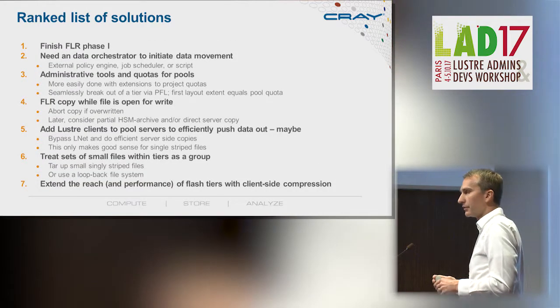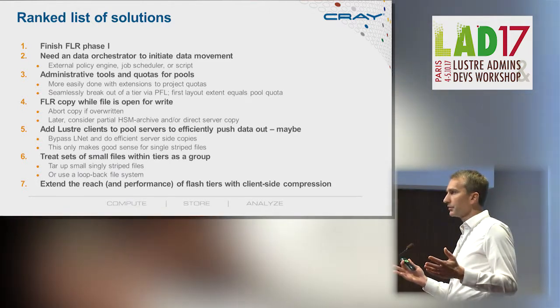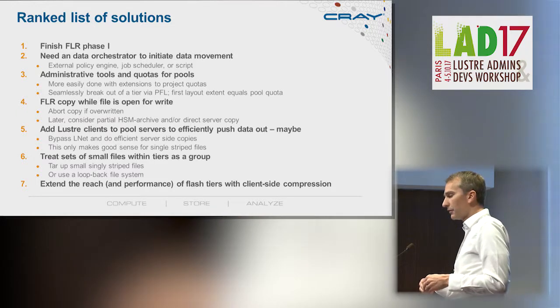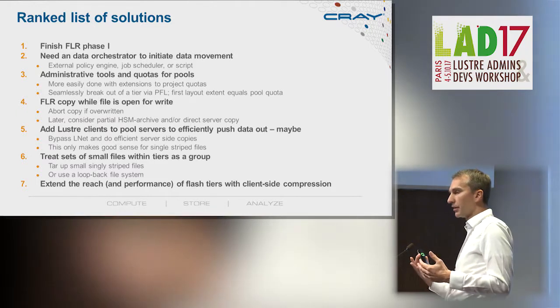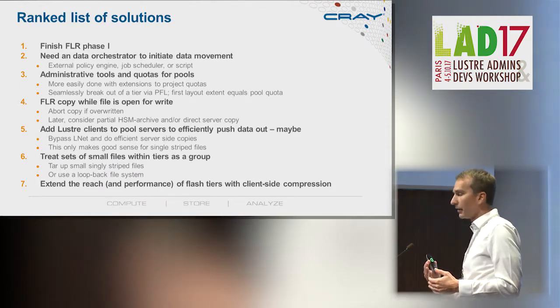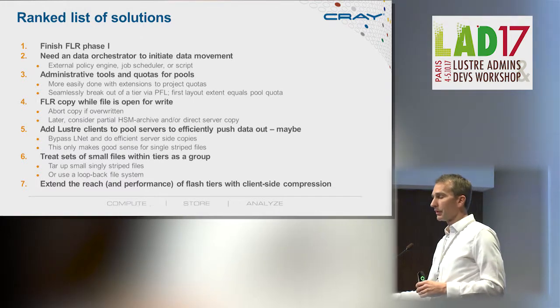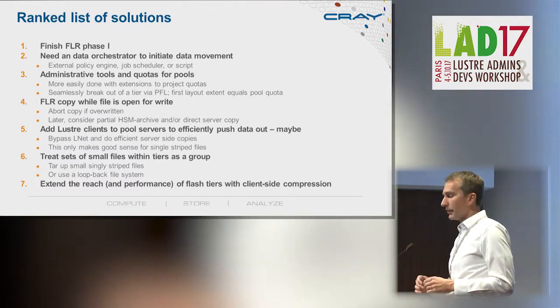So what do we need to do to make that happen? I've kind of thrown together a ranked list of things that I think we need to do, and it starts with finishing off file level replication. That's a base that we need to build on, right? It'll be a great help to us.